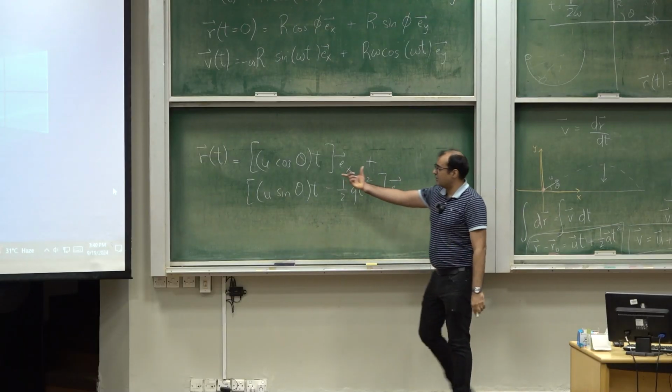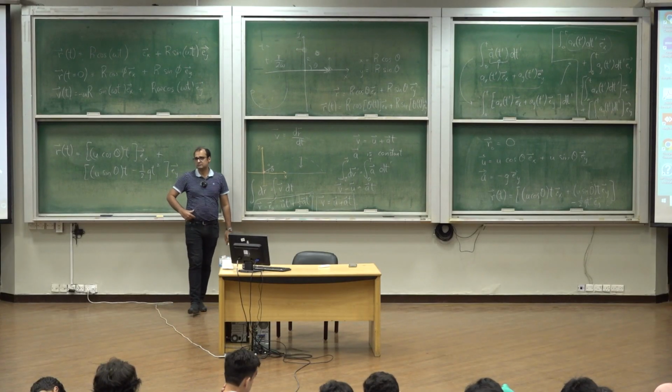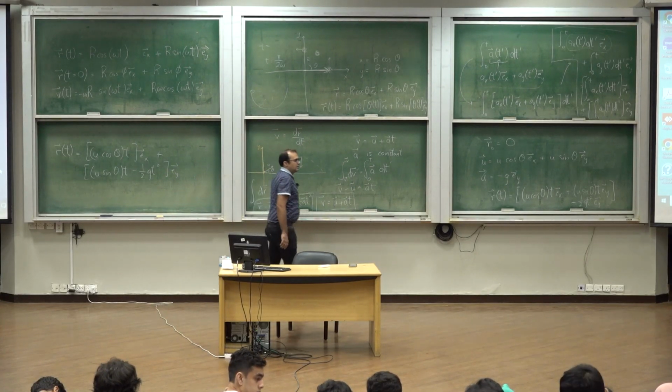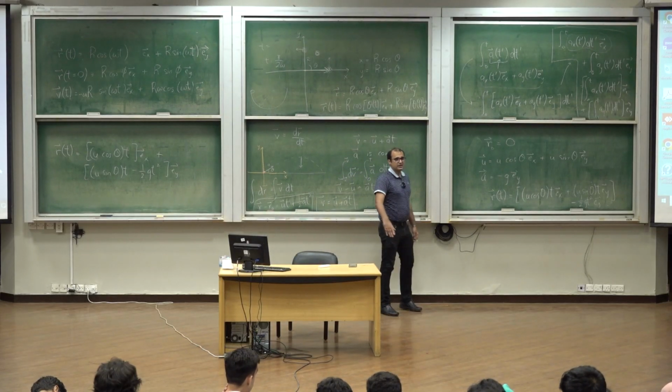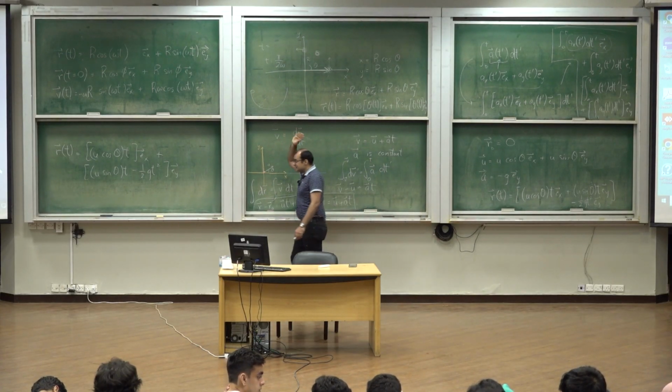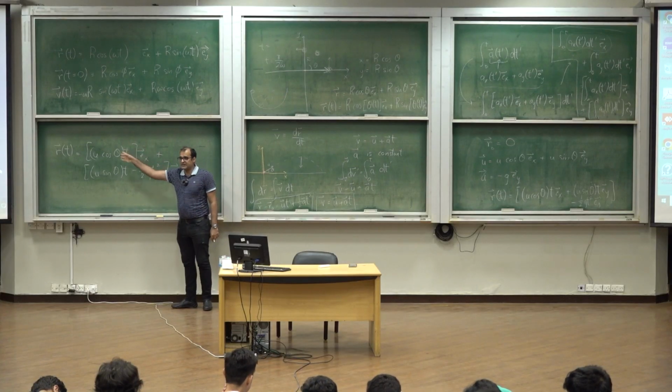This gives you the x coordinate, this gives you the y coordinate. Again, check your answer. How will you check your answer? At t equal to 0, is your object at the origin?